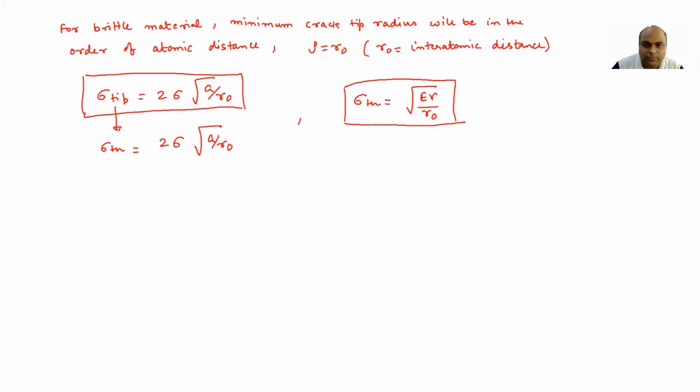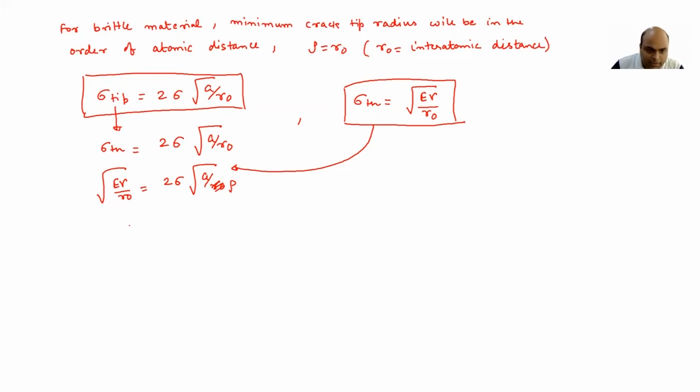From this equation we can write root over E gamma by R naught equals 2 sigma A by R naught. Here R naught will cancel. Let me replace this by rho for now, because if it is equal to R naught, then it's fine. Let us put it in a general way, that rho is in the order of R naught, we don't know yet.